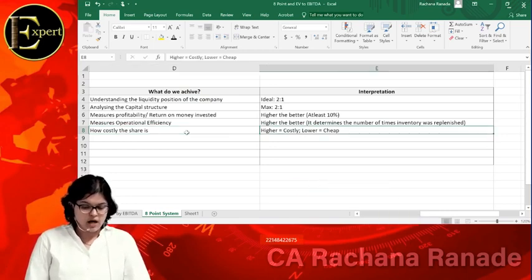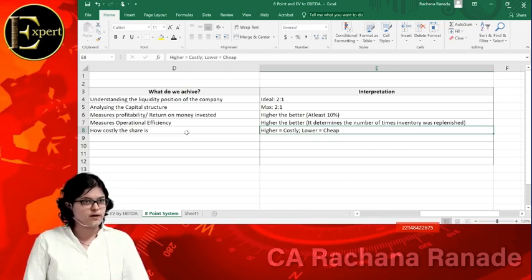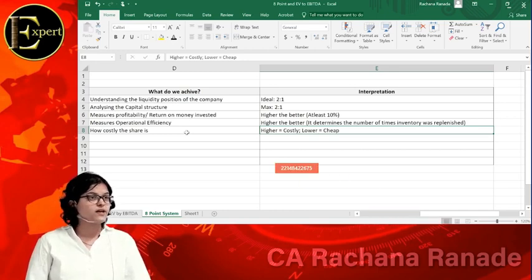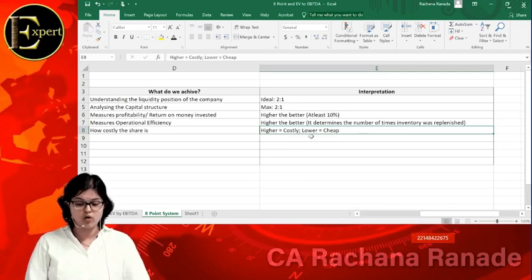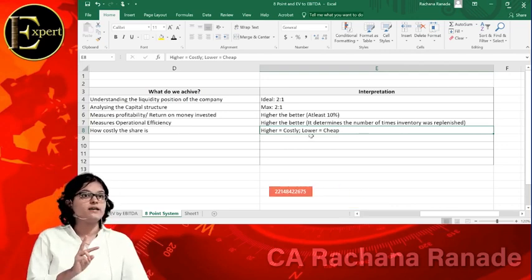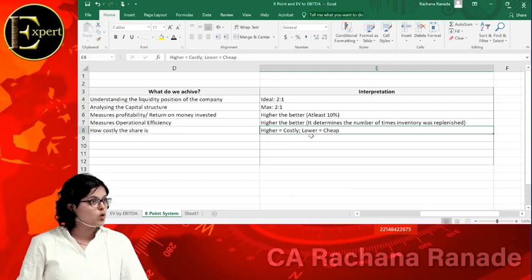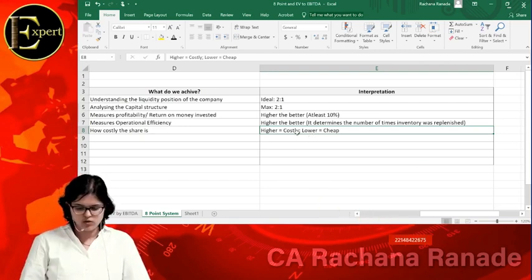Right hand side, higher is equal to costly, lower is equal to cheap, agreed. But one more very important note that we can write down: how do we determine higher or lower, as compared to what? It's higher as compared to industry PE or lower as compared to industry PE. Higher is equal to costly, lower is equal to cheap.